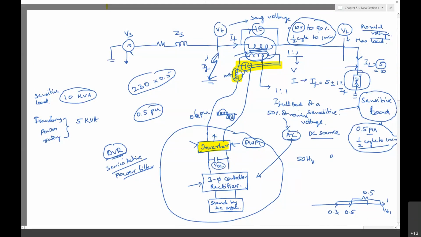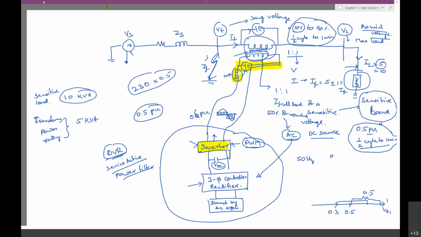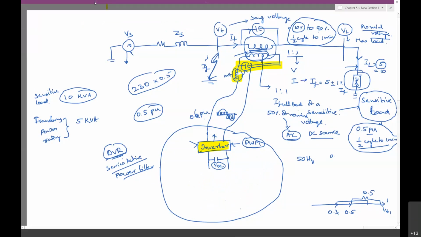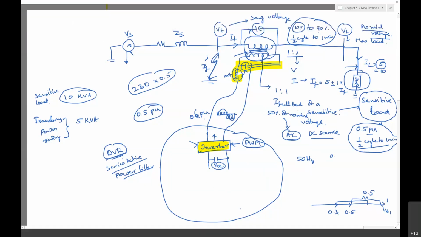If there is a DC source, like a battery, then how do you use it? We can go for a DC converter, and then we have a battery.